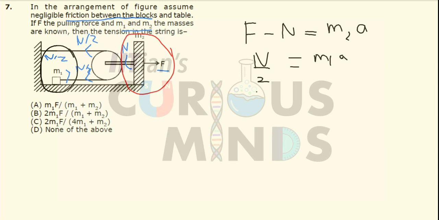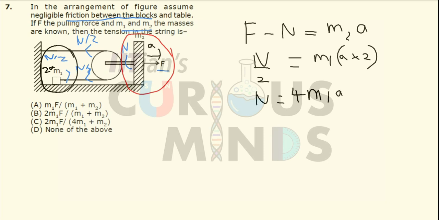So basically n will be equal to m1 into, if the acceleration of m2 is equal to a, the acceleration of m1 will be equal to twice that. So it will be 2 times a. So over here n will be equal to 4 times m1 into a.